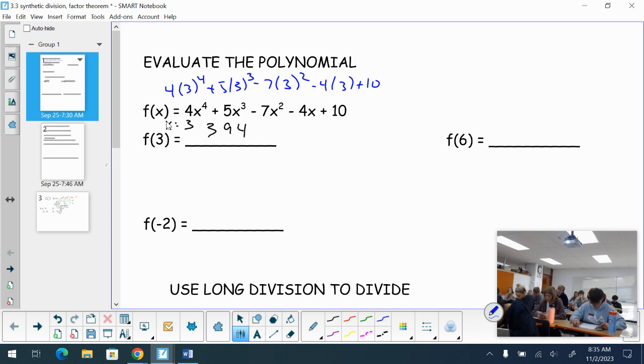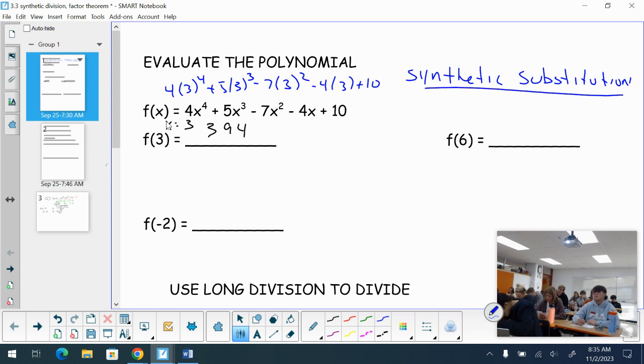So what we turn this type of problem into is something we call synthetic substitution. Well, what does the word synthetic mean? Fake? Not natural?